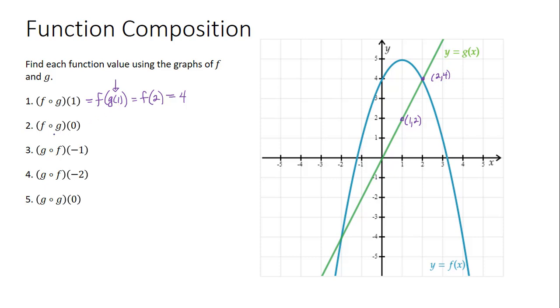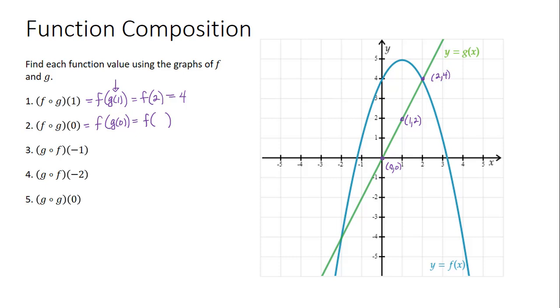Let's try this again. F composed with g of 0 is to find f of g of 0. So g of 0 is found by going to the x value of 0 and finding the y coordinate of that x value on the graph of g. Well, it's at the origin.